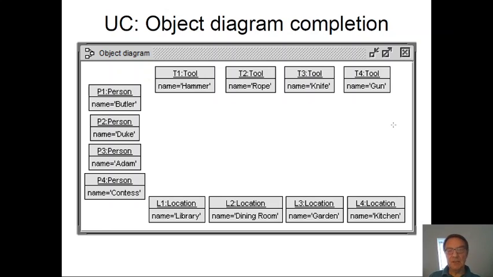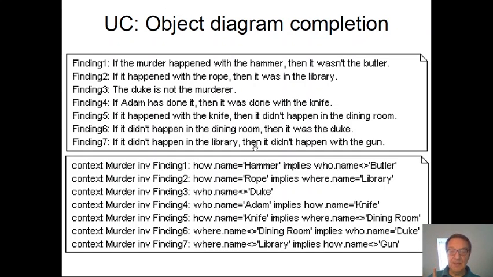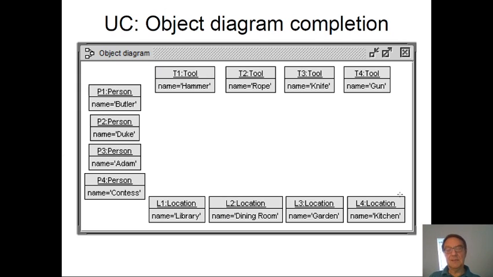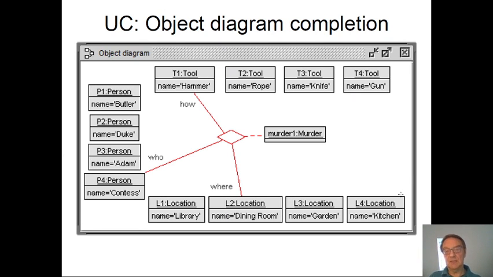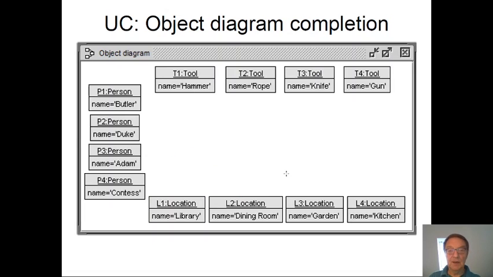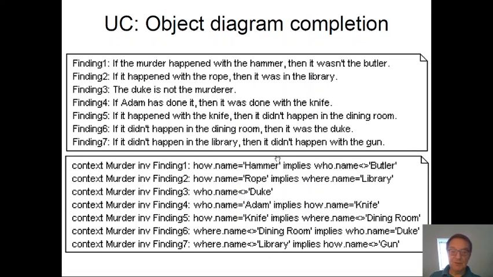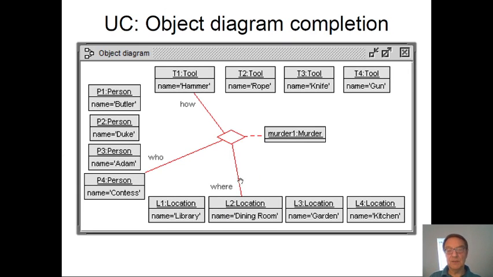And when you ask the model validator to consider these invariants and this partial object diagram, the model validator will tell you, well, the Countess is the murderer, and she has committed the murder with a hammer in the dining room. This is the only option when you carefully consider and analyze these constraints. Let them be formally represented as invariants, or let them be informally represented over here. Then you have only one choice.